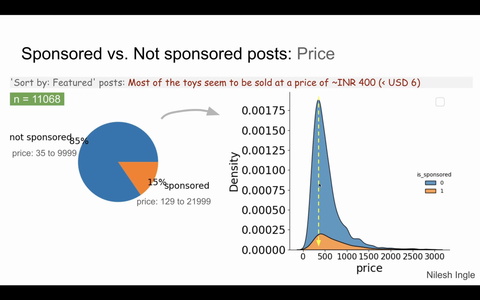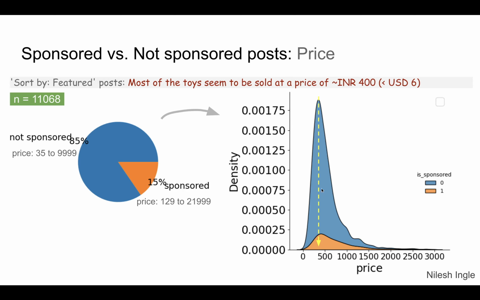And here is the distribution of price for sponsored versus not sponsored listings in the data set that we are looking at. So overall, it seems that most of the products, or let's say a vast majority of them, have price less than 500 rupees.